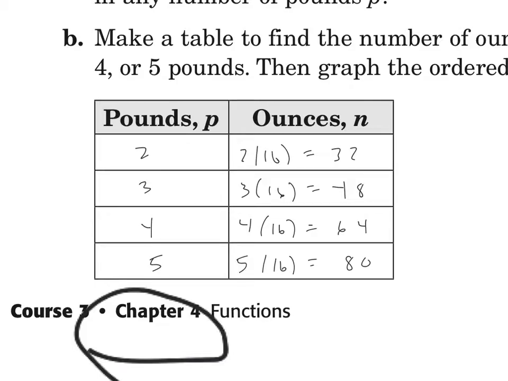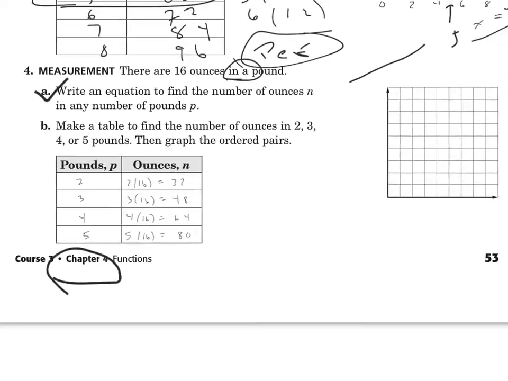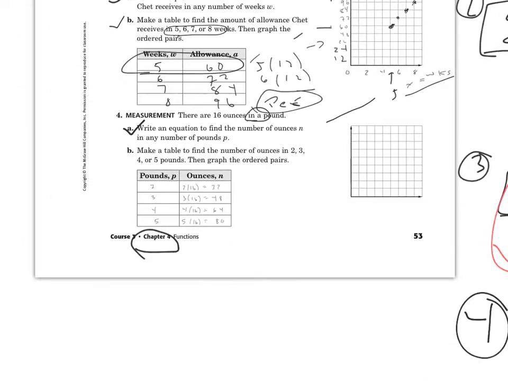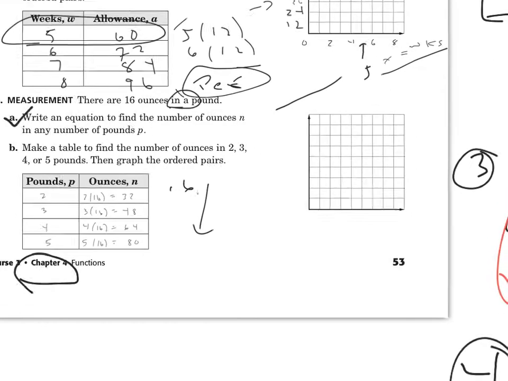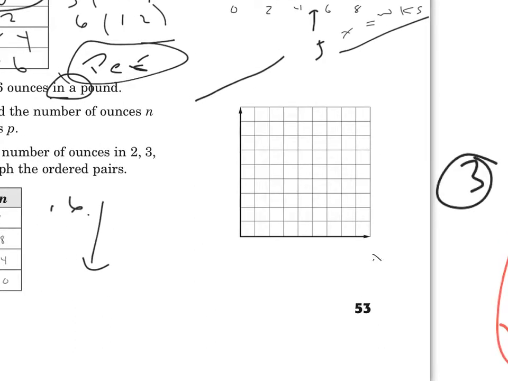Like that. Okay? And then we want to graph it. Our numbers here go from 1 through 9, and these numbers go in increments of 16 going up. On the x-axis we want the pounds, and on the y-axis we want the ounces.